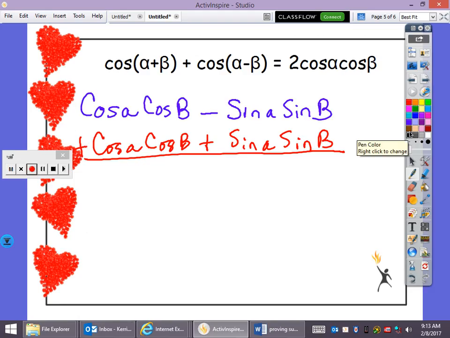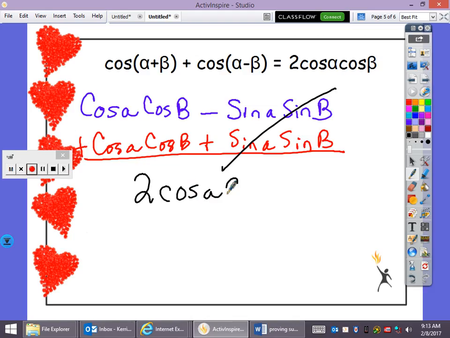What happens? The sine alpha, sine beta cancels because I have a positive and a negative of the same exact item, and I am adding. Okay, how many cosine alpha, cosine betas do I have? Two. Two cosine alpha, cosine beta, which matches, therefore I am done.